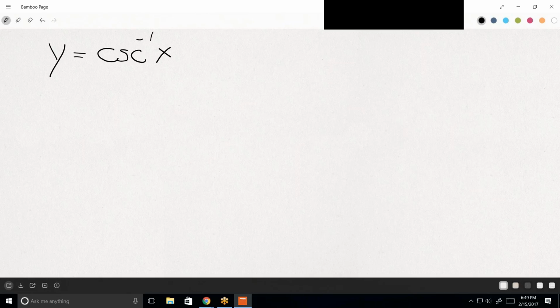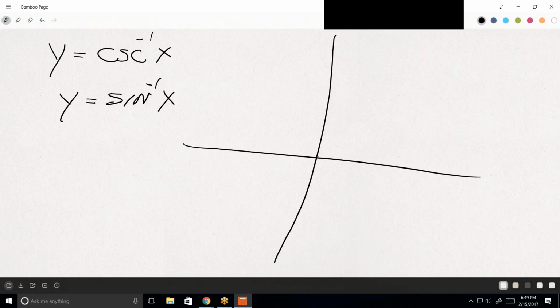Well, we're going to have to restrict the domain, in the same way that you have to restrict it for y equals inverse sine of x. Normally, to take an inverse function, you just rotate it about the line y equals x.